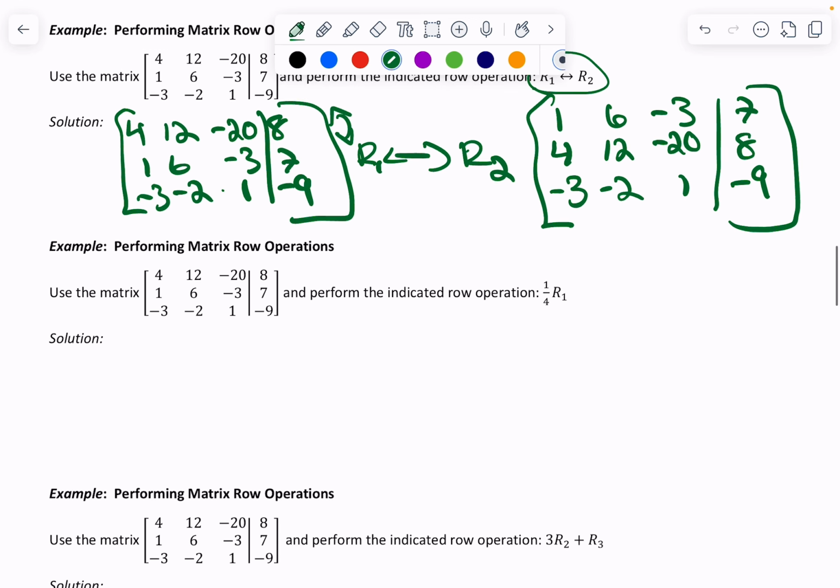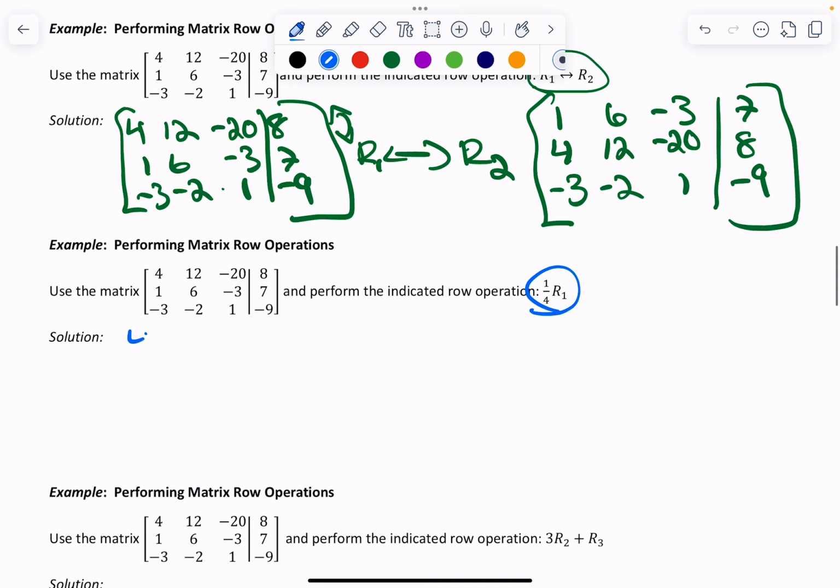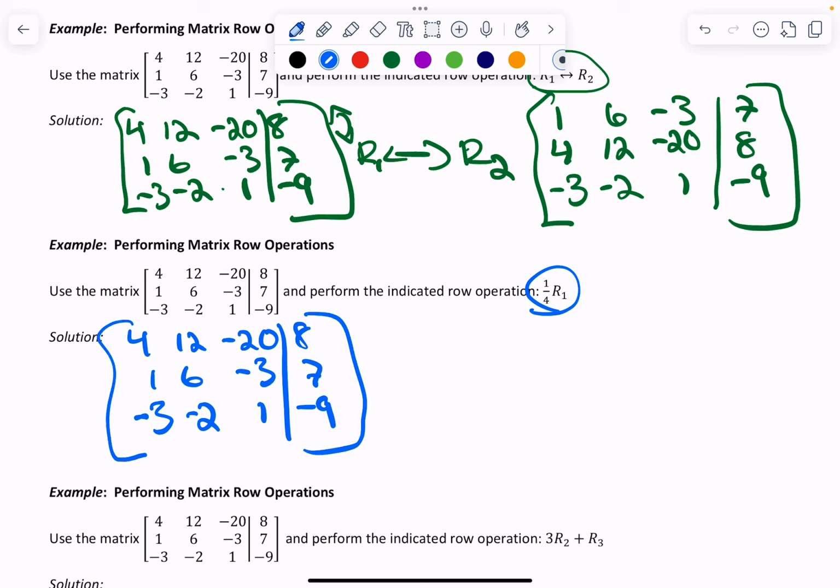Okay, we're using the exact same matrix, and now we are performing the row operation 1/4 row 1. So that means that when we've got our matrix here, with the vertical line and brackets, we are multiplying each element in row 1 by 1/4.